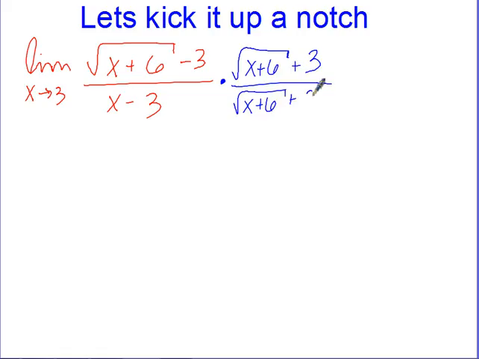Now I need you to verify, this is technically what? That's technically 1 because it's the same thing over itself. So I'm multiplying it by 1, right? Am I changing my problem then? No, because if I multiply by 1, nothing's happening. So now I'm going to actually do it. Now, what is the only difference I just did?